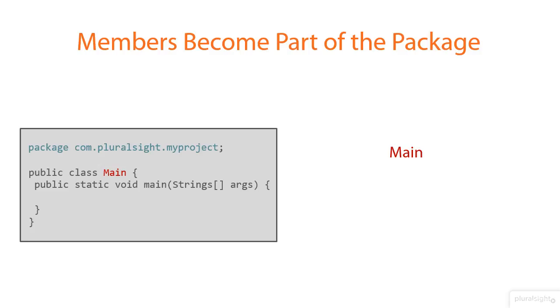So the class is no longer known as just main. The class is now known as com.pluralsight.myproject.main. And that becomes, again, a unique name. Because we all follow these naming conventions, we know that anyone else in the world can create a class called main, but because it's qualified by a package that follows a convention, the class name itself is actually unique when qualified fully by the package.